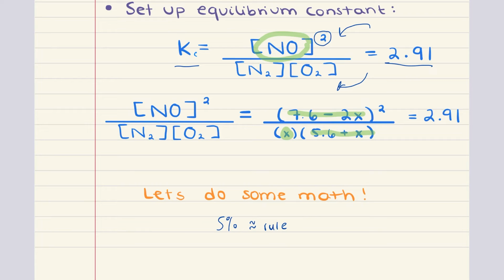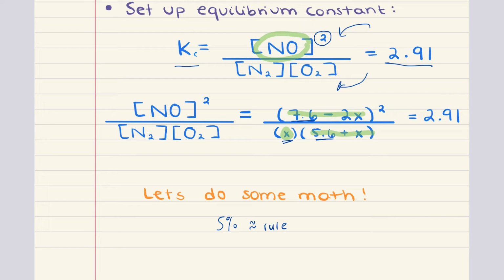This rule states that if the change in concentration X is less than 5% of our initial concentrations, then X is negligible. This is often valid when K is very small or very large, or when the initial concentration is significantly high.